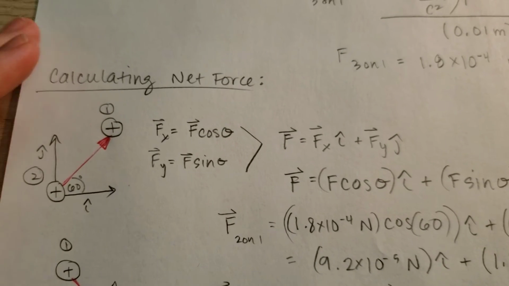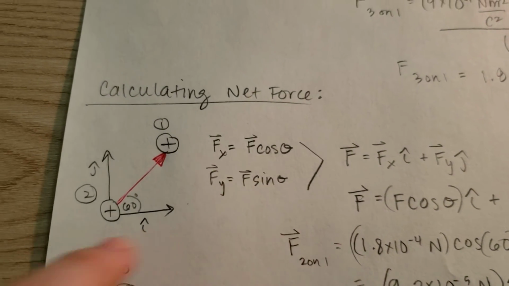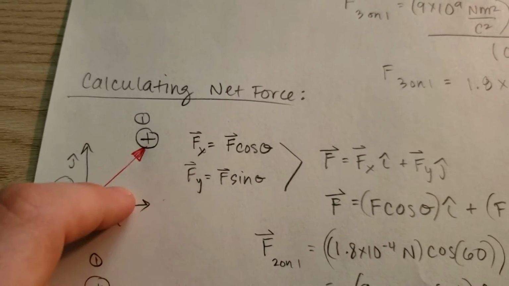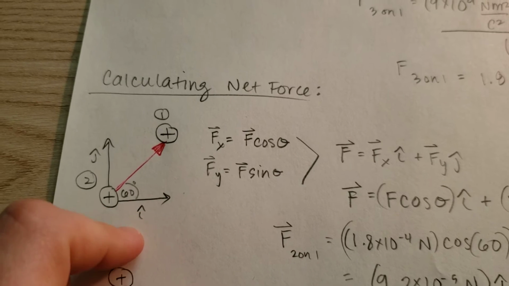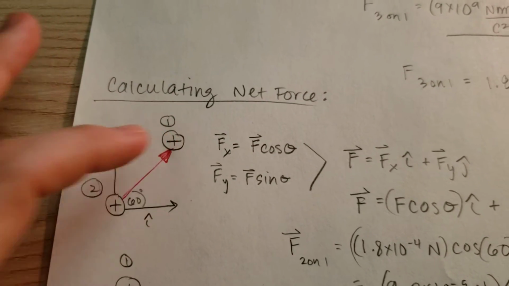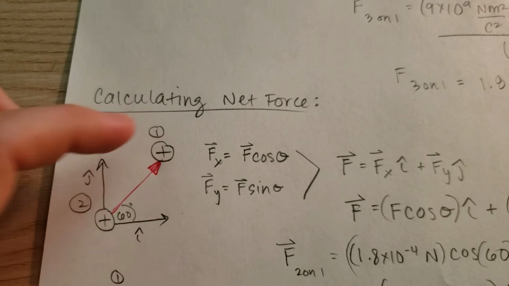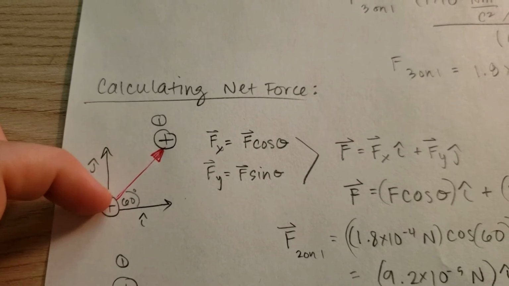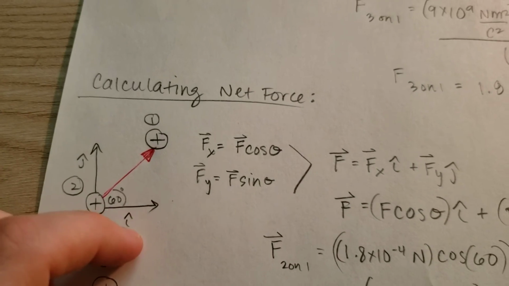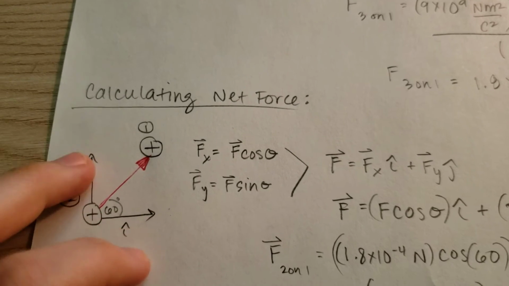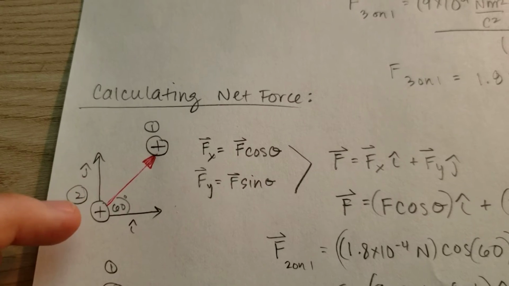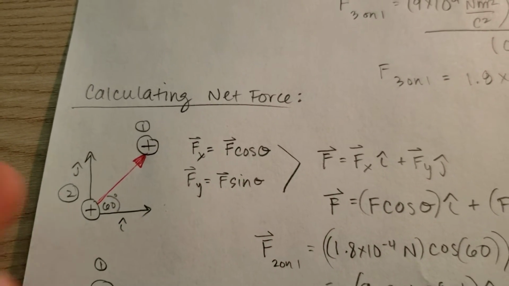So starting with that first force again, the force of 2 on 1. If we lay it out on an x coordinate, we have the force going towards that number 1, and then we have our y component, which is the j hat direction, and the x component is the i hat direction, and we want to find these two vectors so that we can add them to the other force and find our total net force.